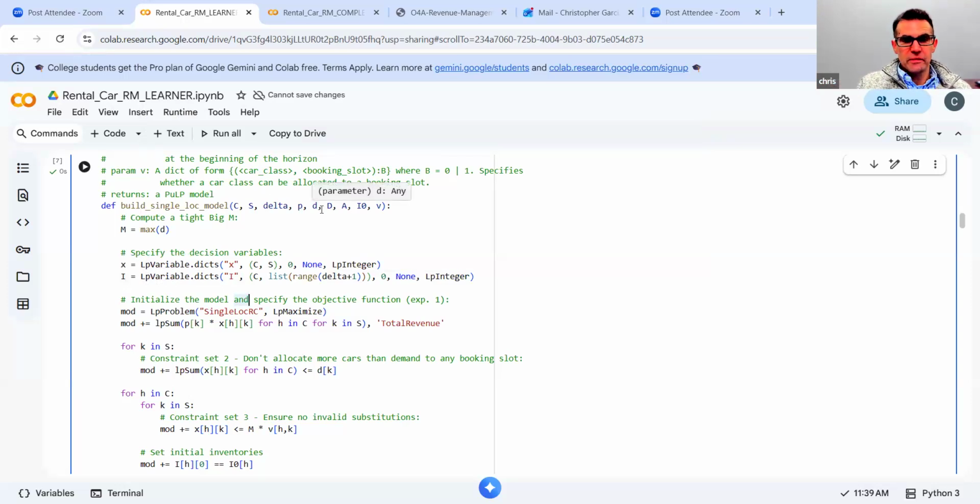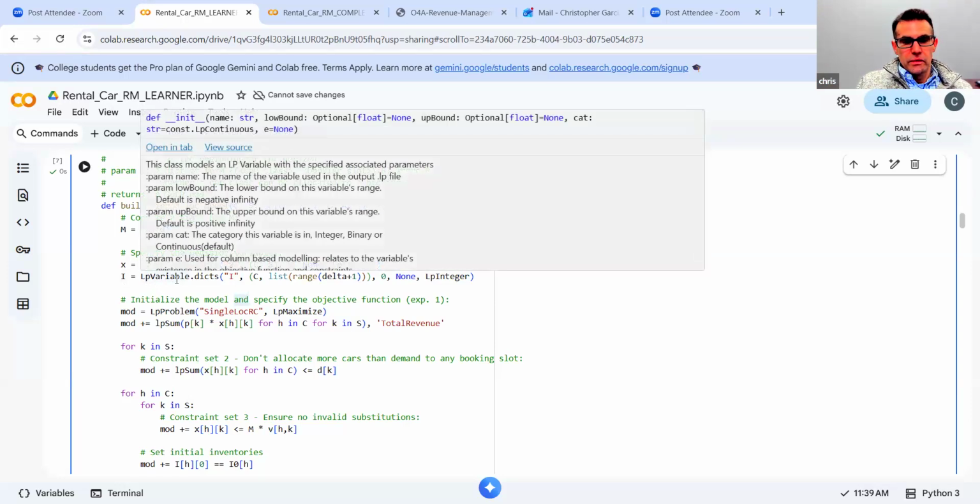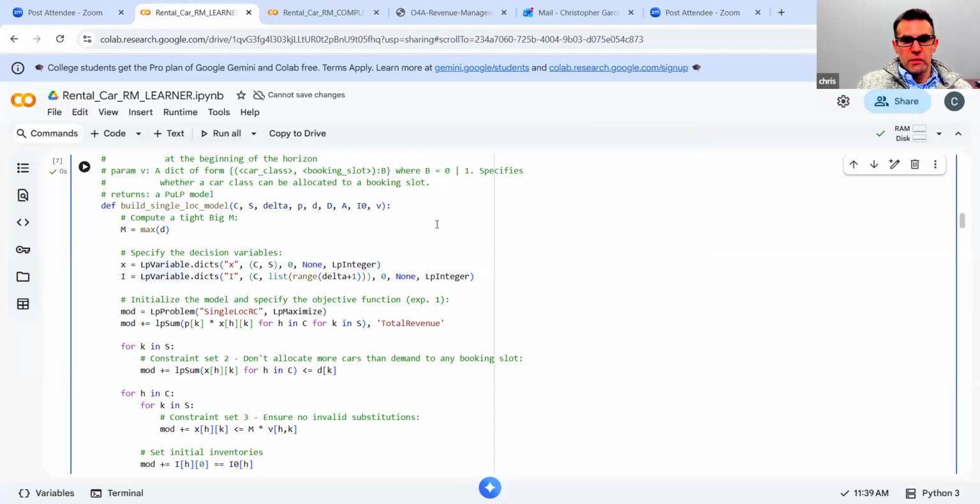That information comes in through my I0. So what I'm going to do is just have a constraint that sets those here. So we create our two variables like this. Okay, and then we're going to create a Pulp model here. We're going to do this with a variable called mod, which is going to be an LpProblem. We're going to call it single loc RC is the name, and we're going to specify the objective, which is to maximize.